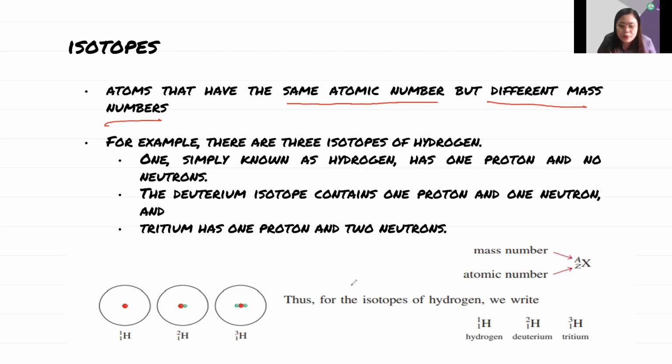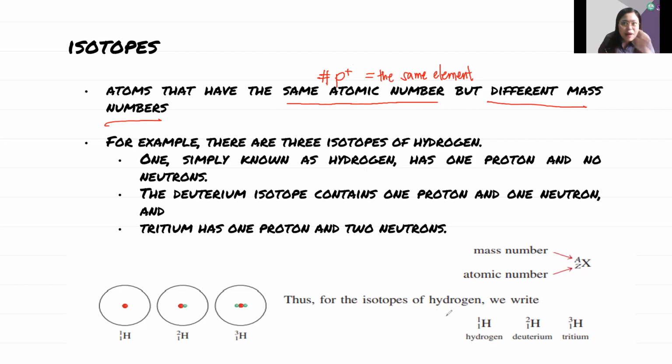So we can infer from this that the same atomic number means they have the same number of protons. And a while ago, I told you that when the number of protons is the same, it means the same element. Because if you say it has one proton, automatically it is hydrogen. Two, helium. Three, lithium.